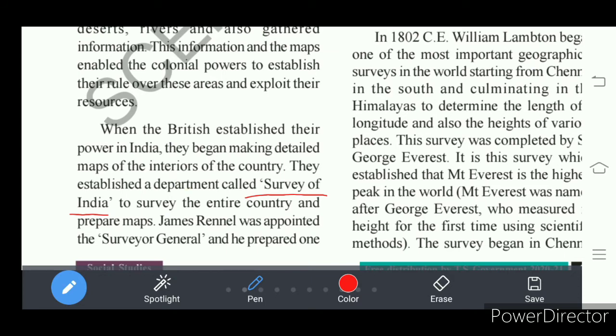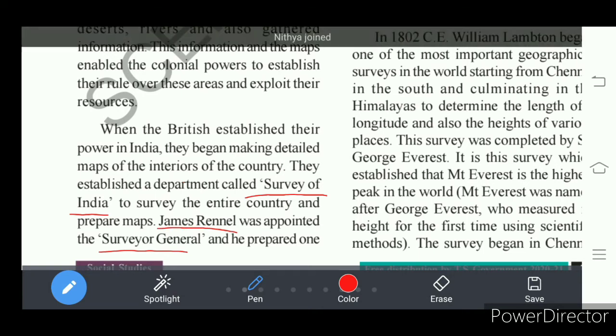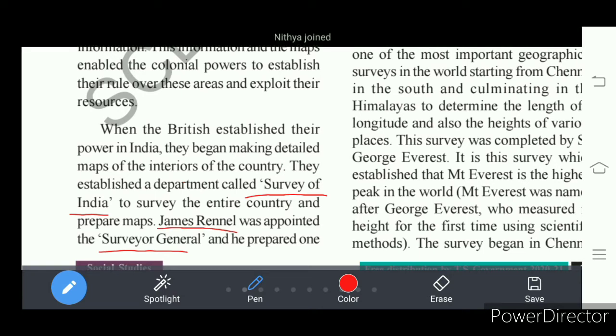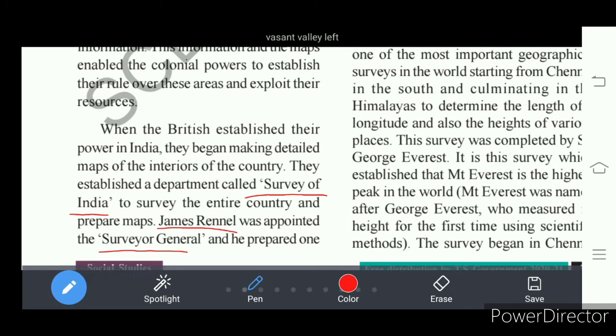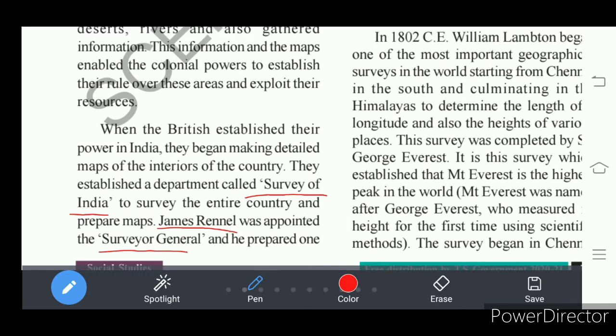So for this purpose, they established the Survey of India to conduct a survey of the entire India and to prepare maps. And for this department, James Rennell was appointed as Surveyor General of the Survey of India. Understand?